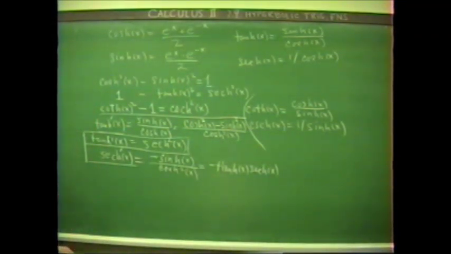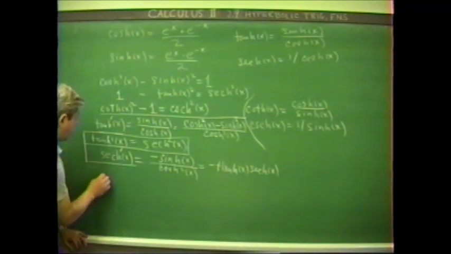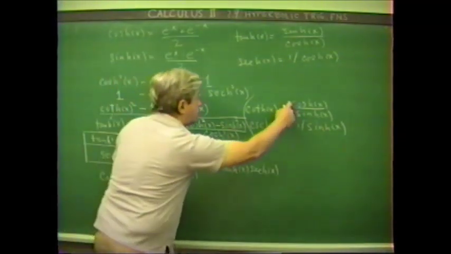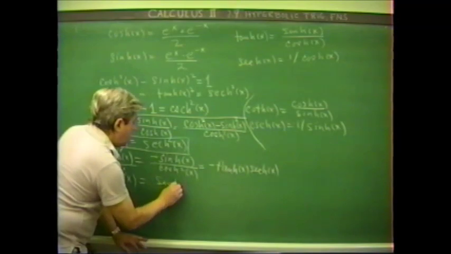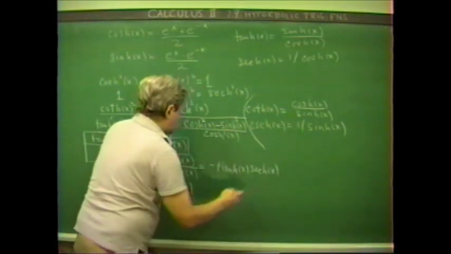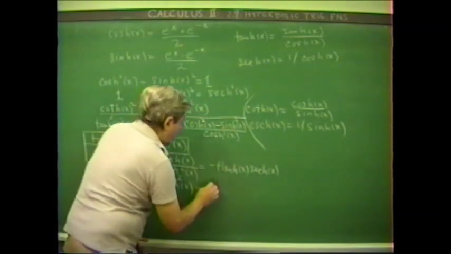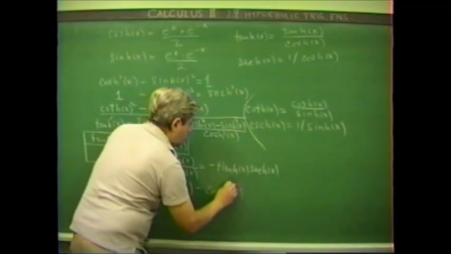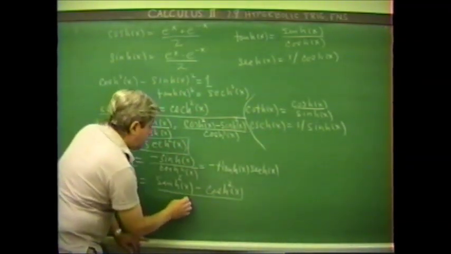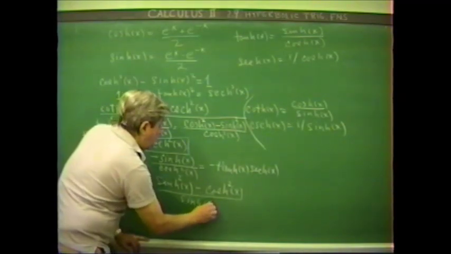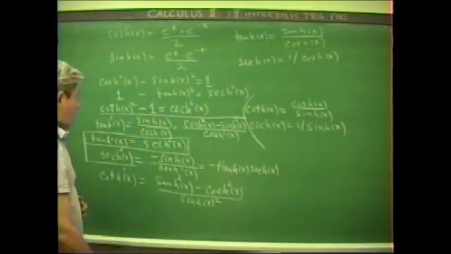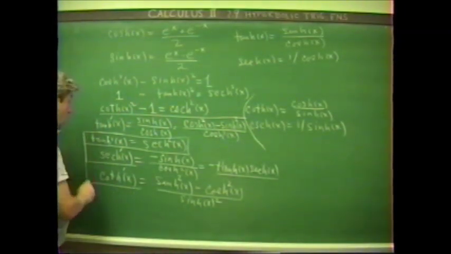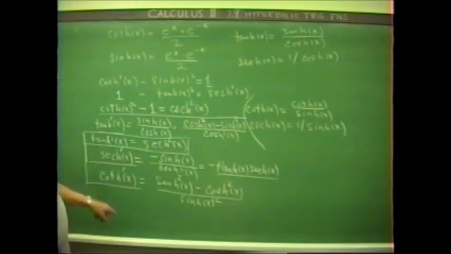Similar situation here with the hyperbolic cotangent. This is a quotient, so the derivative is the denominator, hyperbolic sine, times the derivative of the numerator, which is hyperbolic sine again, minus the numerator, hyperbolic cosine, times the derivative of the denominator, which is hyperbolic cosine again, over the denominator squared, hyperbolic sine squared.